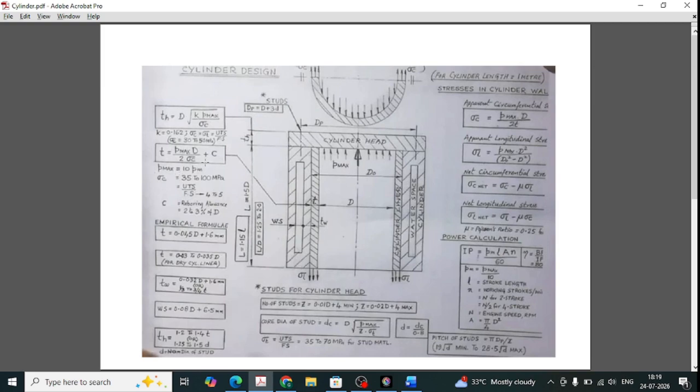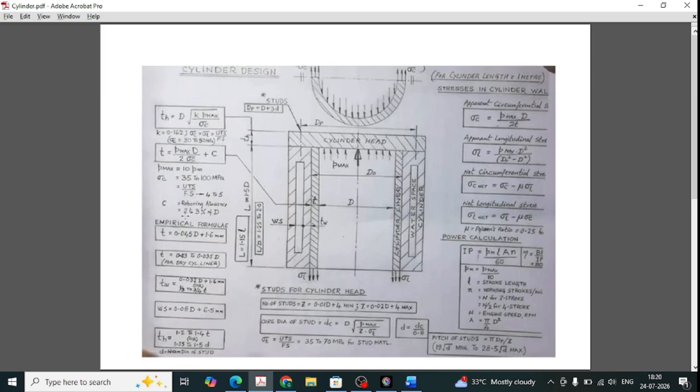And for calculating the thickness of the wall, this is the thickness of the cylinder wall, and that will be equal to P max into D divided by 2 into sigma C, plus C. And C is the reboring allowance.